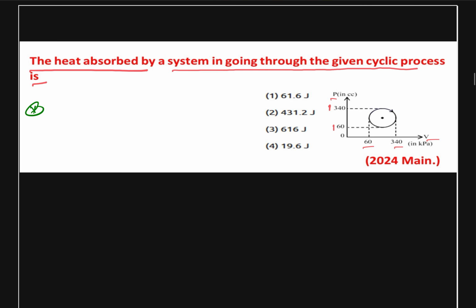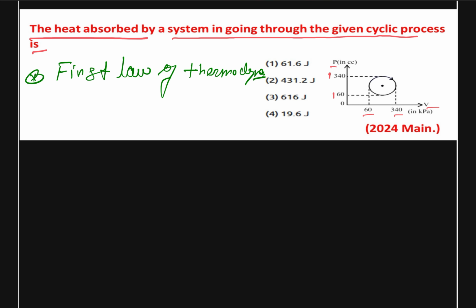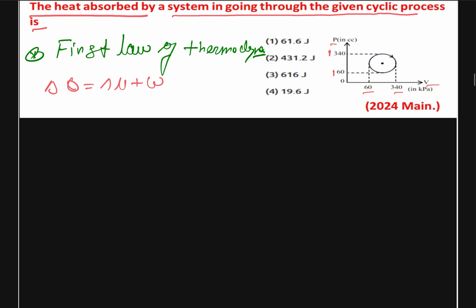The first law of thermodynamics gives us delta Q is equal to delta U plus W. And we have a cyclic process, so we know that for a cyclic process delta U is equal to 0.